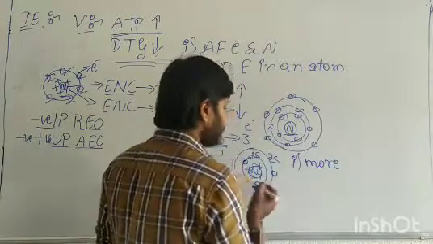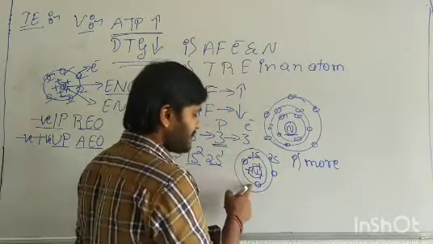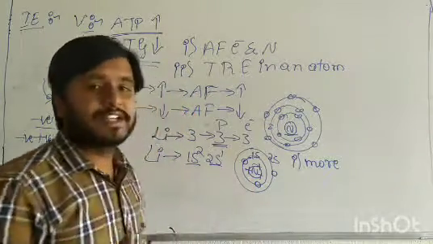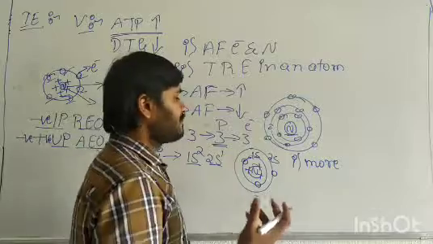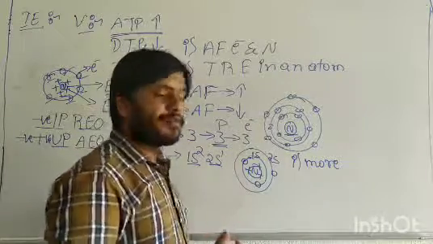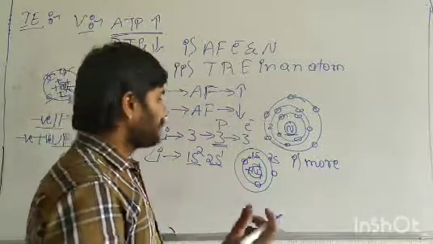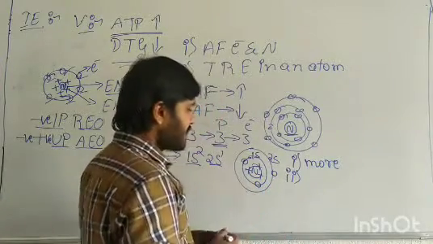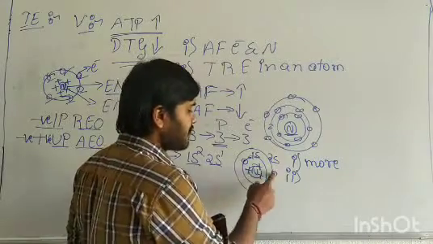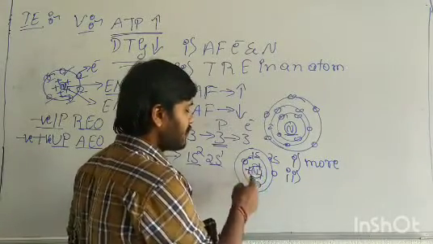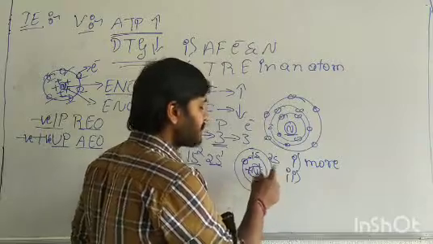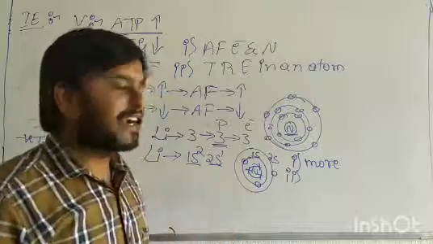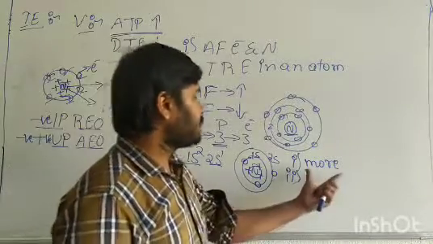Because the 1s orbital and 1s electrons are near to the positively charged nucleus, they will experience more positive charge, that means more attractive force. And the second thing is what? The 2s electron is somewhat far away from the nucleus and the 1s, so it will experience less attractive force. That is the first reason.